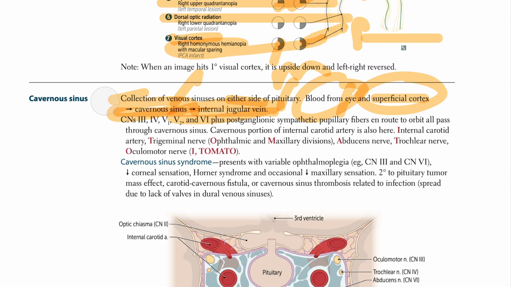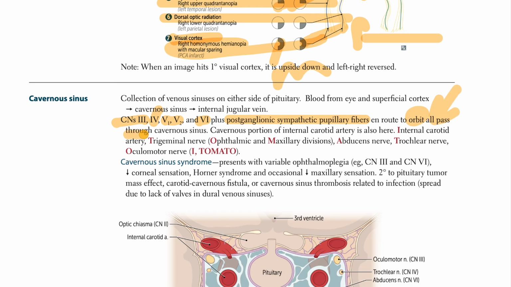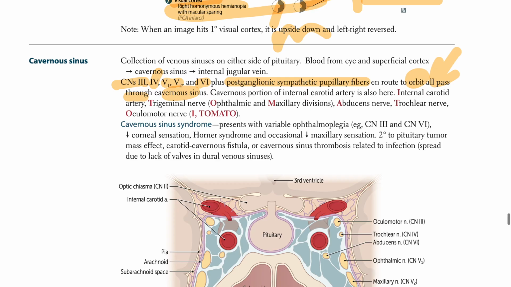Okay, this cavernous sinus: CN3, 4, 5 V1, V2, and 6, plus the postganglionic sympathetic pupillary fibers en route to the orbit, all would pass through this cavernous sinus. And there's a picture down here so we can take a look at that. But all these structures will go through this cavernous sinus. Cavernous portion of the internal carotid artery is also here. What artery? Internal carotid artery also runs here.